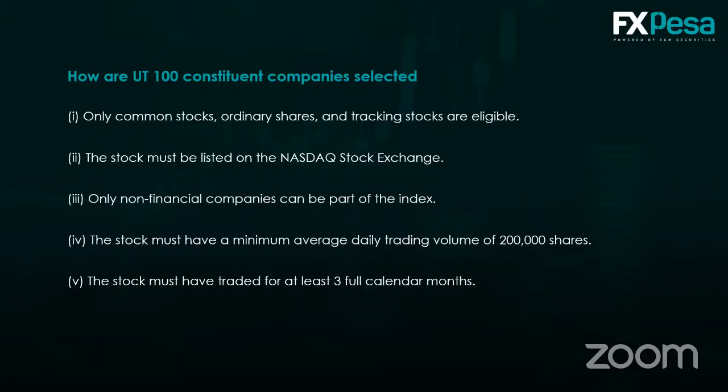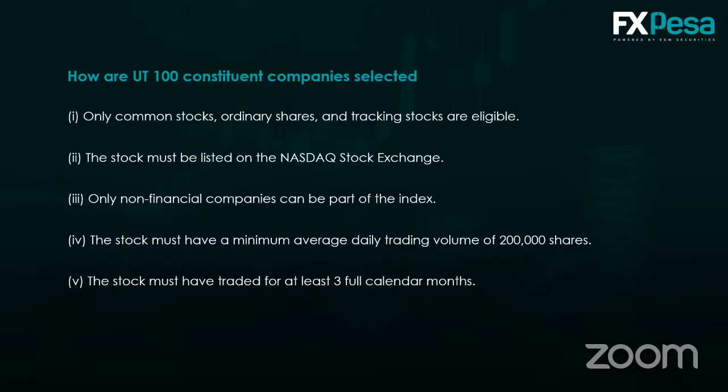So those are the stocks which are eligible to be enlisted in UT 100. So the stock must also be listed on the NASDAQ stock exchange. Only non-financial companies can be part of the index. So financial services companies are not included in this index. They're included in S&P 500.